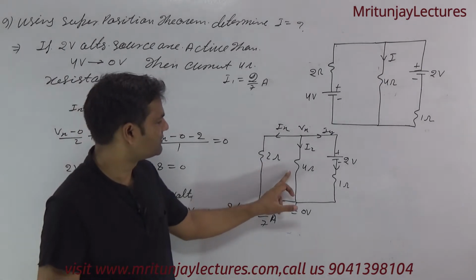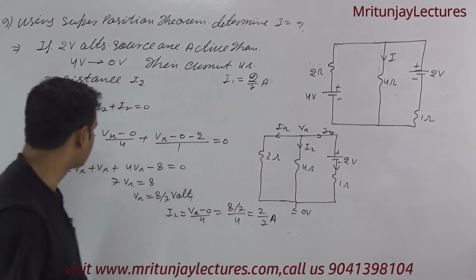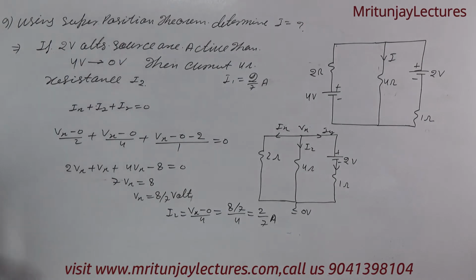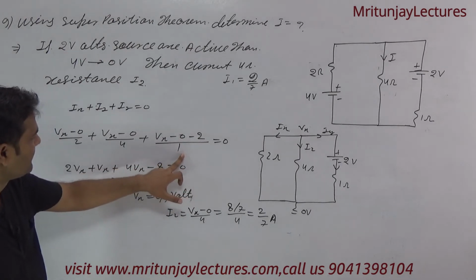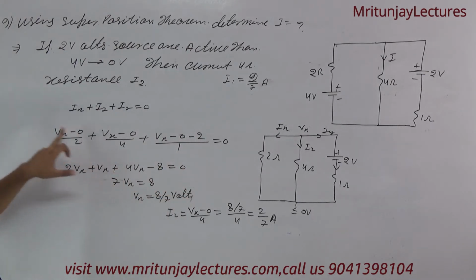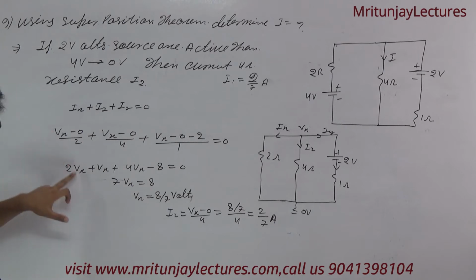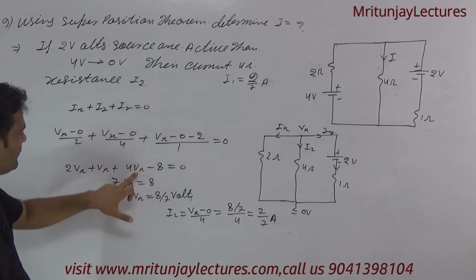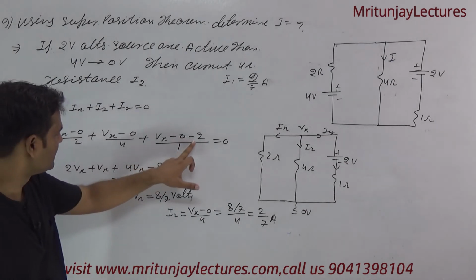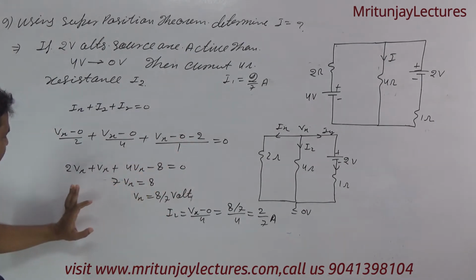That is 2, that is 4, that is 1 ohm. Vx by 2, Vx by 4, Vx minus 2 divided by 1. Clear? Multiply by 4 means 2 Vx, Vx, 4 and 4 into 8.